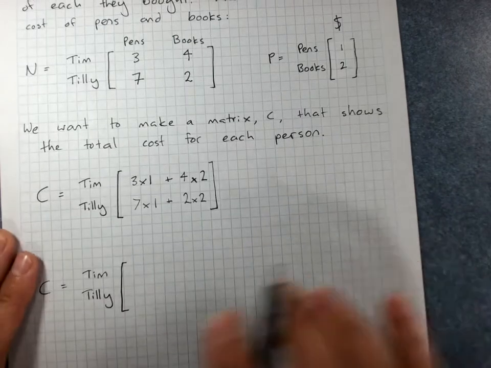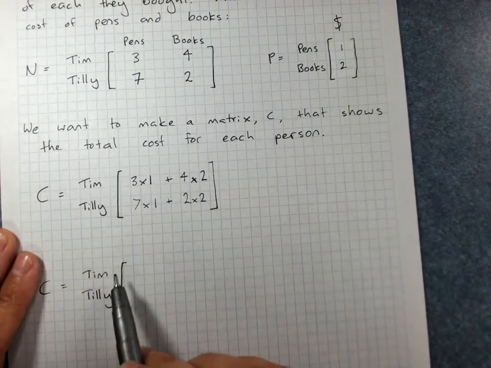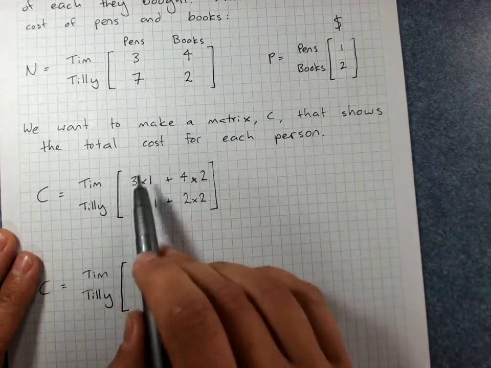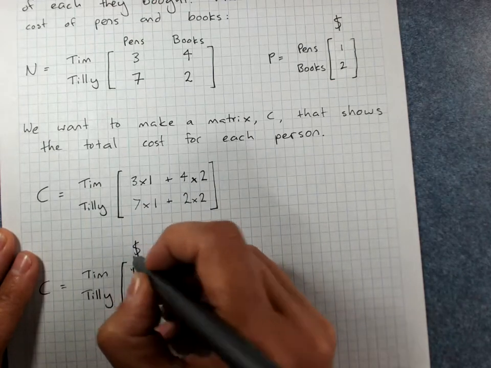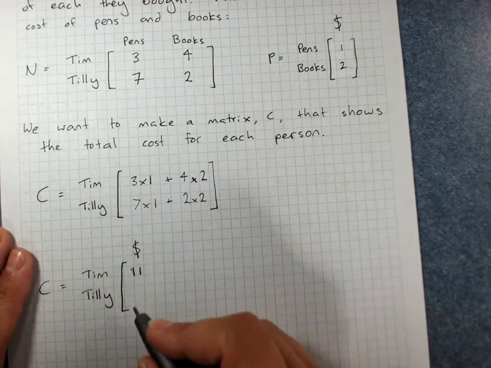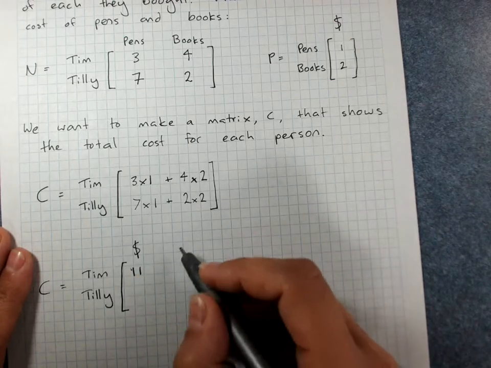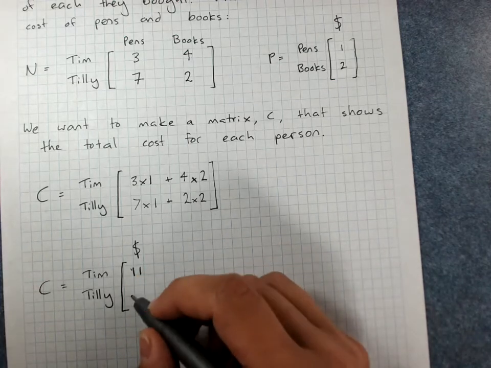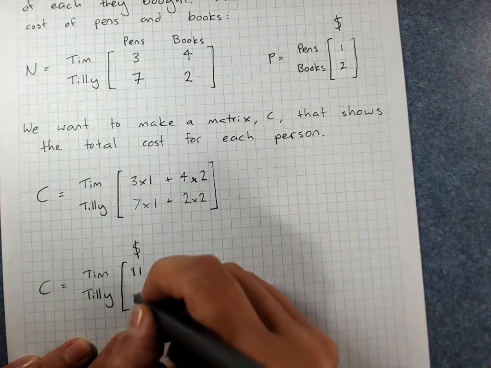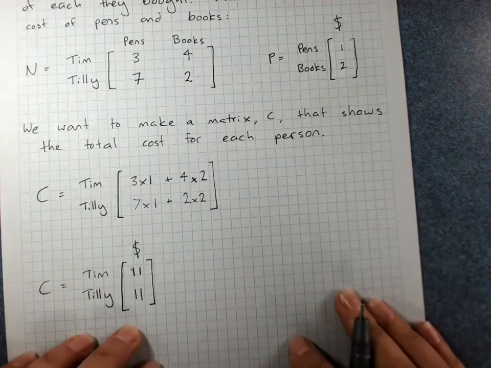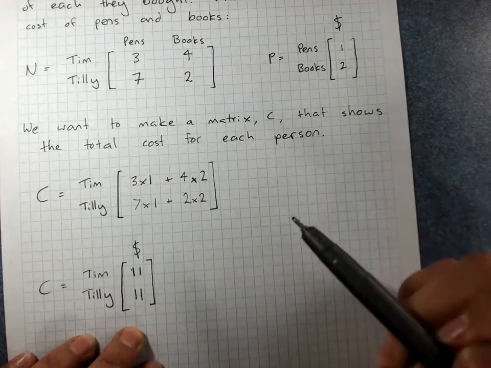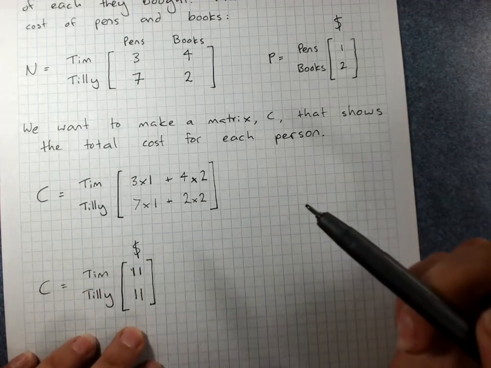So the matrix of the total cost for each person: 3 plus 8, $11 for Tim, 7 plus 4. Oh, look. Also $11 for Tilly.